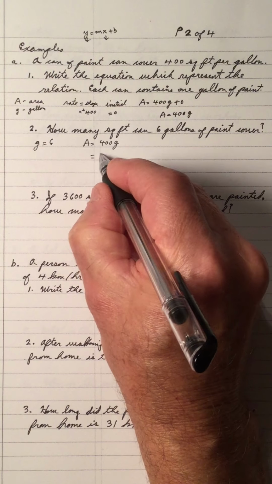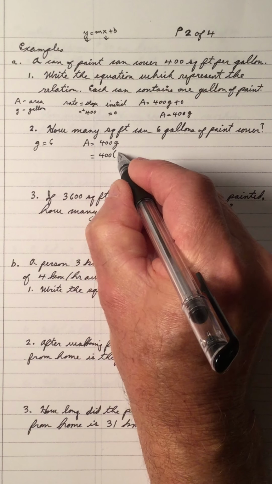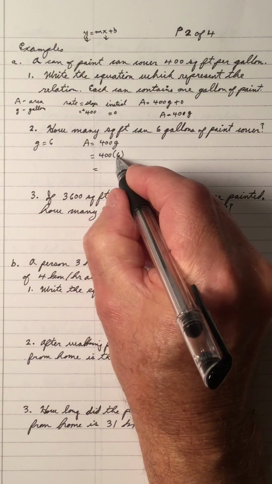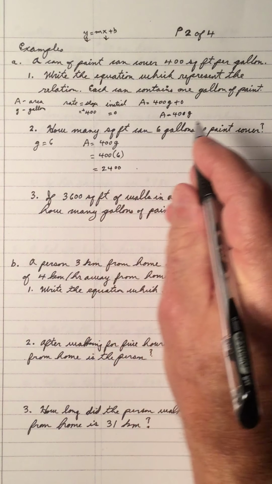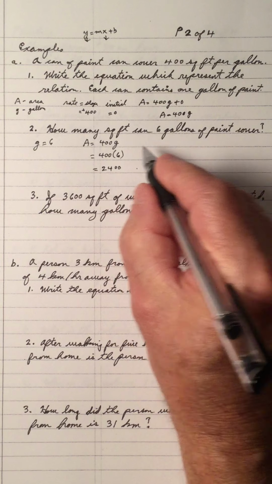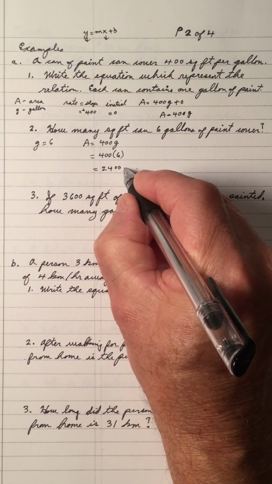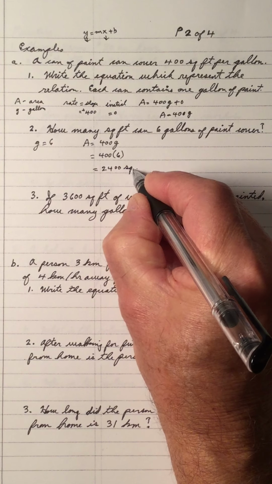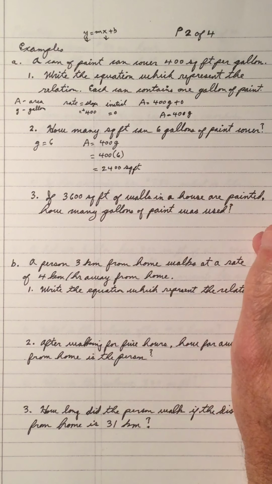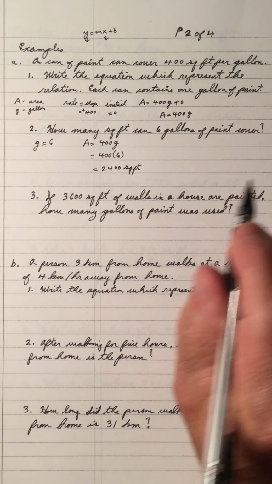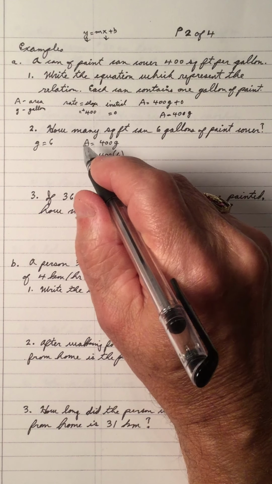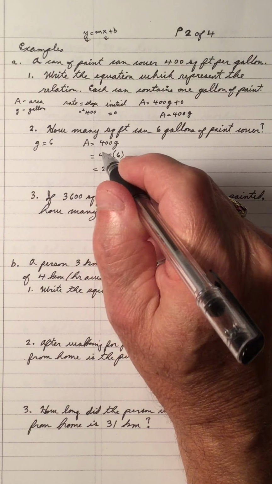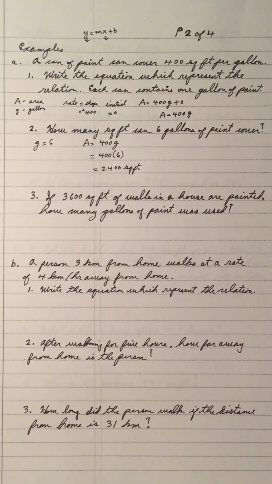So we sub 6 for G in the equation, and we multiply. 4 6s are 24, so we get 2400, and we're doing area, so it's square feet. Remember, once you come up with the equation, you can sub in for G or you can sub in for A. So if you know one variable, you can find the other.